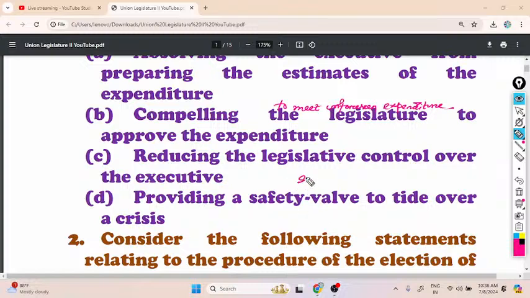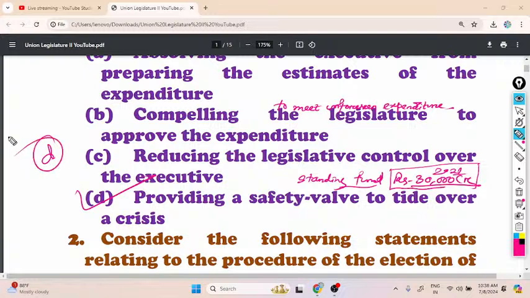So it is a standing corpus. The standing fund is 30,000 crore. Always there is 30,000 crore. It was increased in 2021. Earlier it was 500 crore. At the commencement of the Constitution, there was only 50 crore. So now the corpus of the contingency fund has been increased to 30,000 crore in 2021. So the answer will be D. Got it?